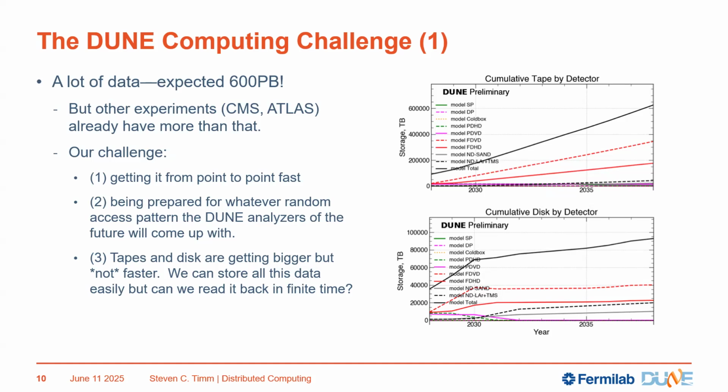I should point out, I said that other experiments already have more than that. All the big websites, Google's, Facebook's of the world are 3 or 4 orders of magnitude beyond anything high energy physics ever taken. I mean, both Atlas and CMS just recently cleared an exabyte this year. In other words, 10 to the 18th bytes of data each.